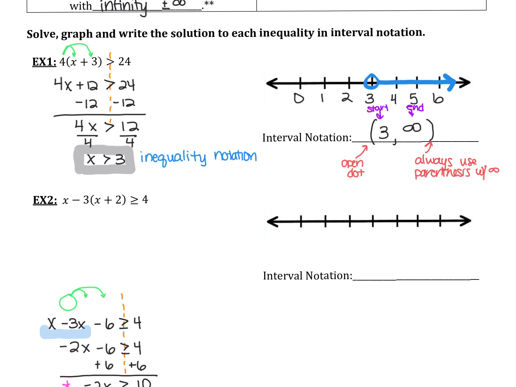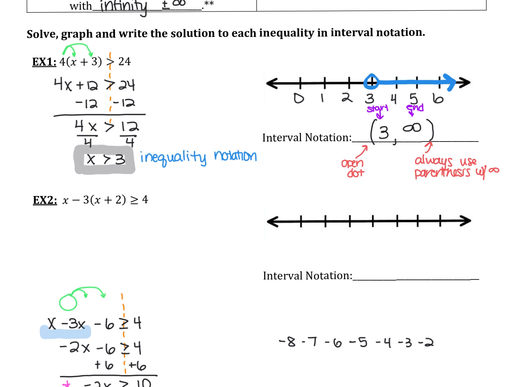So let's look at what that looks like on our number line. All right, well, I'm going to put -5, -4, -3, -2. I'm just going to build my number line with -5 in the middle. Now, what kind of dot am I going to put at -5? When we've read this in the past, what have we done to put a dot for -5?